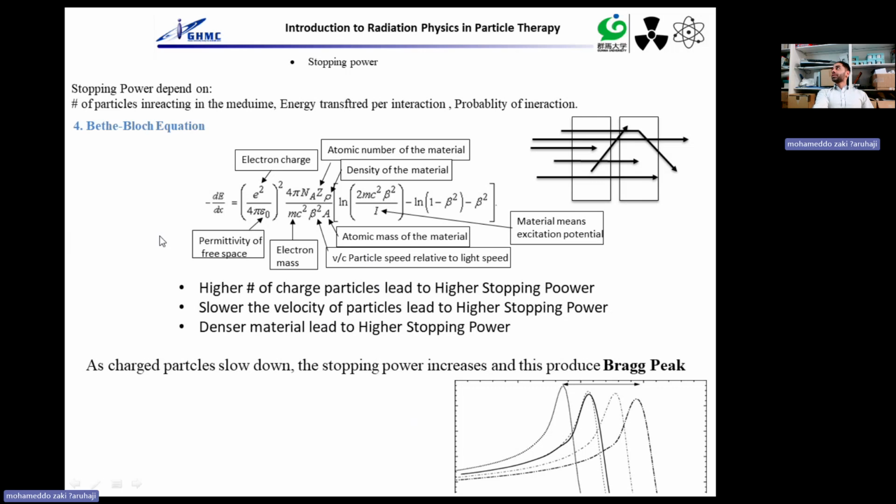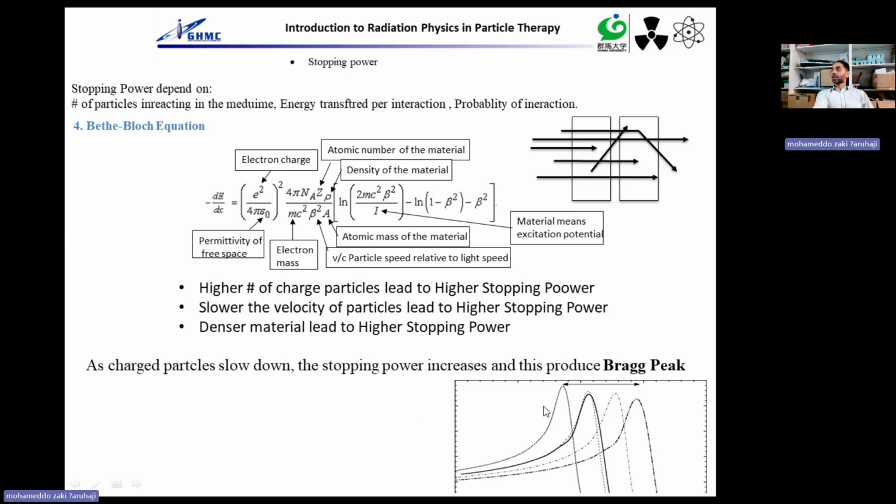And by now we understand that as charged particles move, they slow down and the stopping power increases. Now this increase produces what we call the Bragg peak. So we have one particle, two particles, three, four, five particles, all particles together.